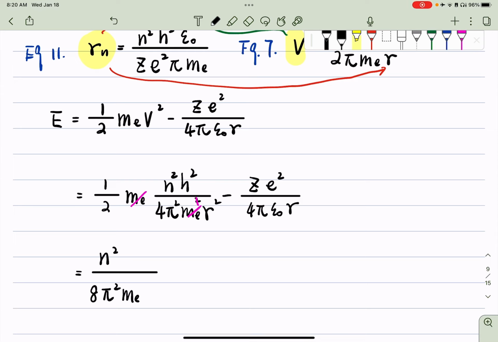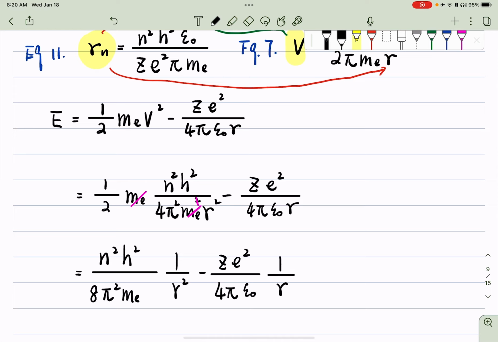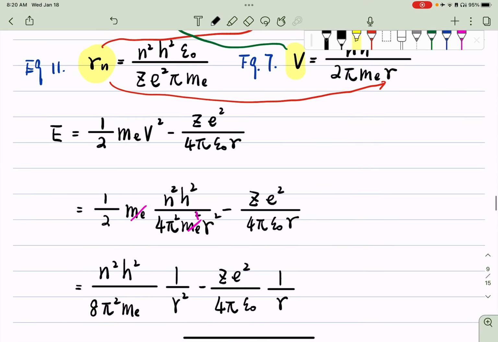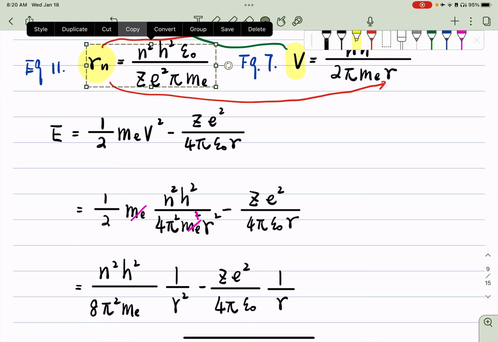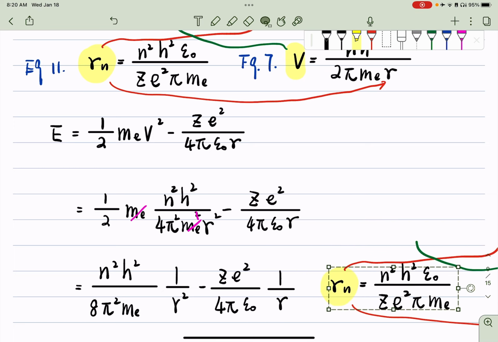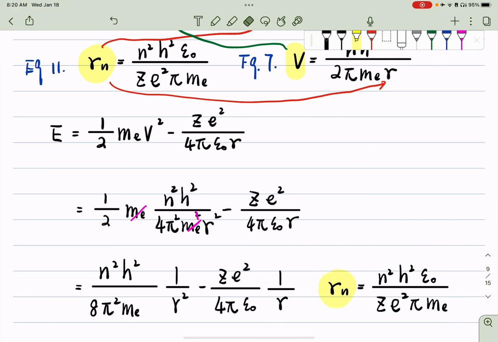On the top we have n squared h squared times 1 over r squared, minus Z e squared over 4 pi epsilon naught times 1 over r. And here we have r equals n squared h squared epsilon naught over pi m_e Z e squared.